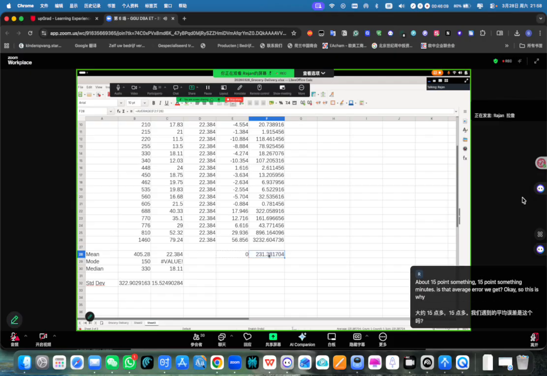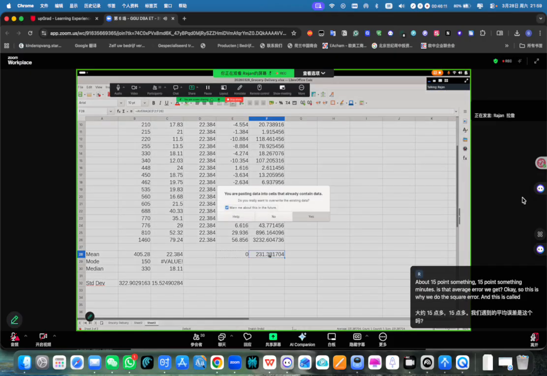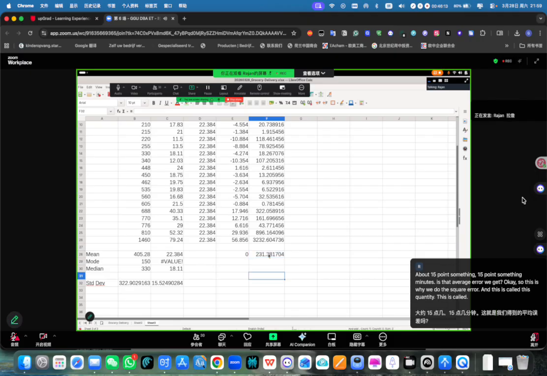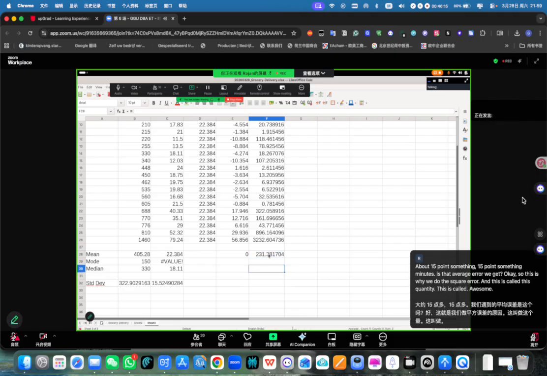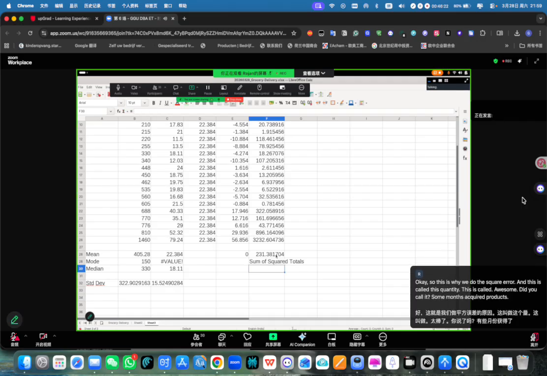And this quantity, we'll call it sum of squared total. It's not called totals, it's squared total here.